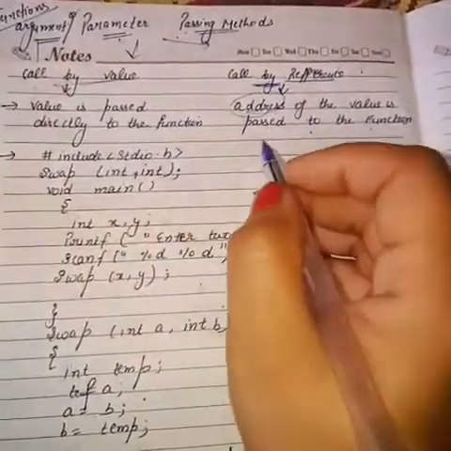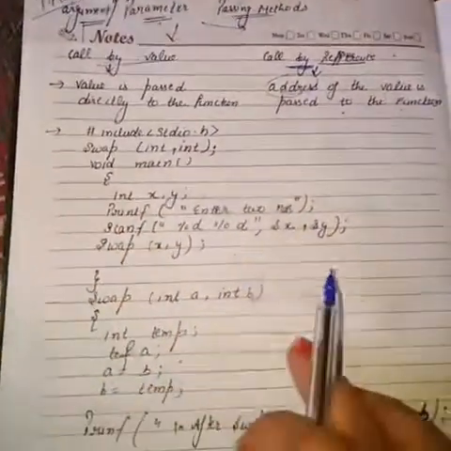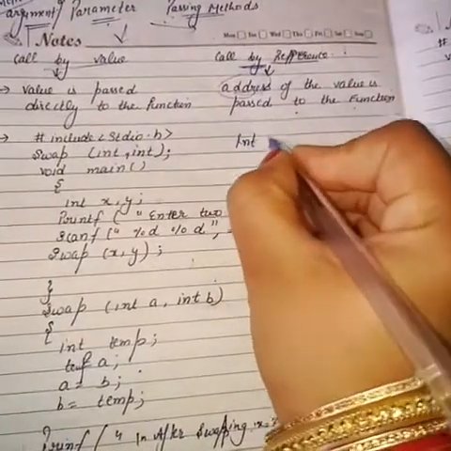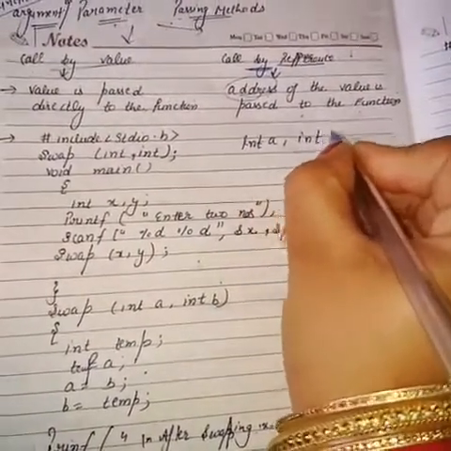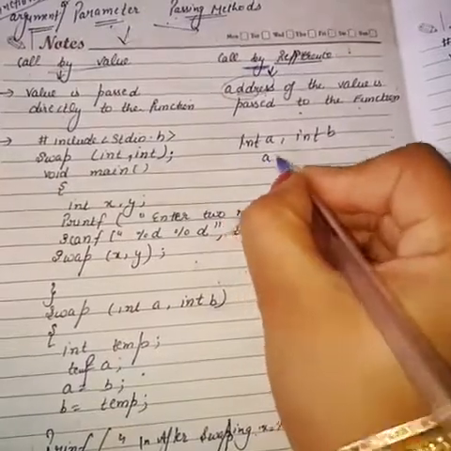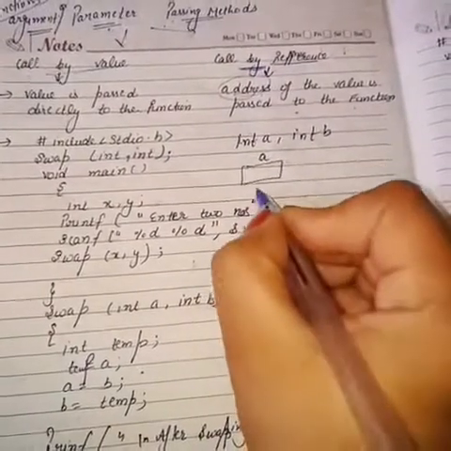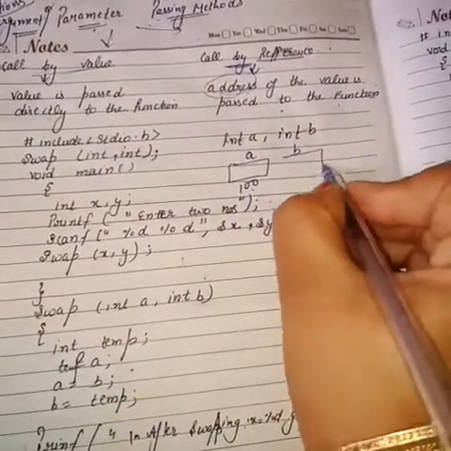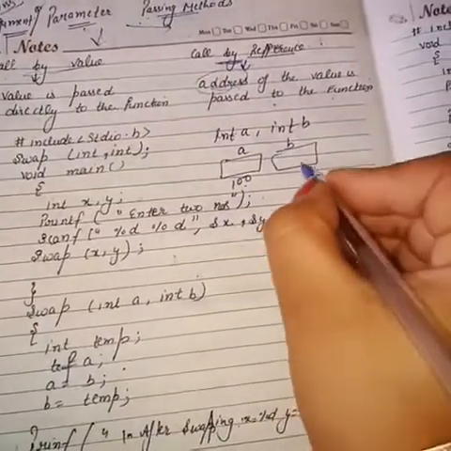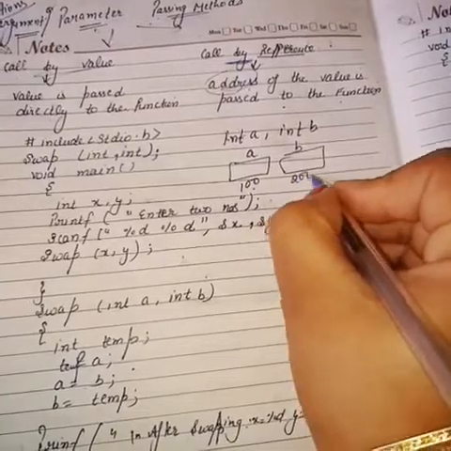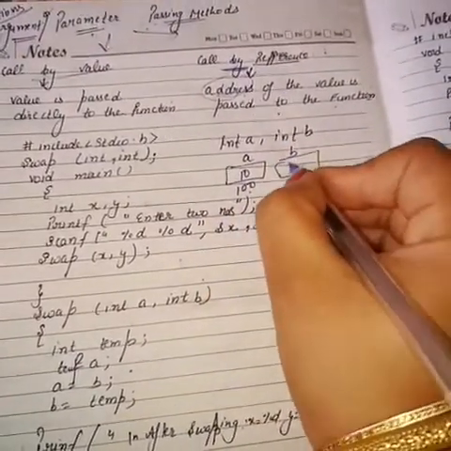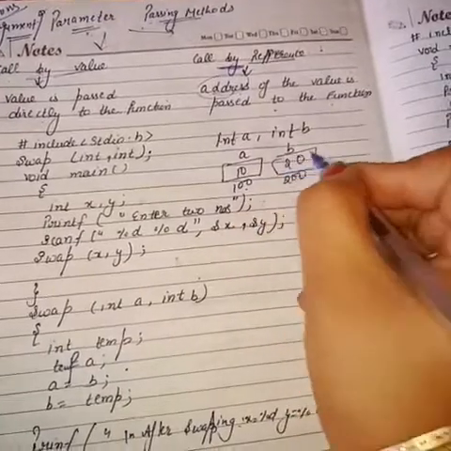What is the meaning of that? For example, we have a program. If we declare a variable int a, comma, int b, then in memory the variable a occupies the memory address 100. For b, it must be assigned the memory address 200. The values are, for example, 10 and 20.